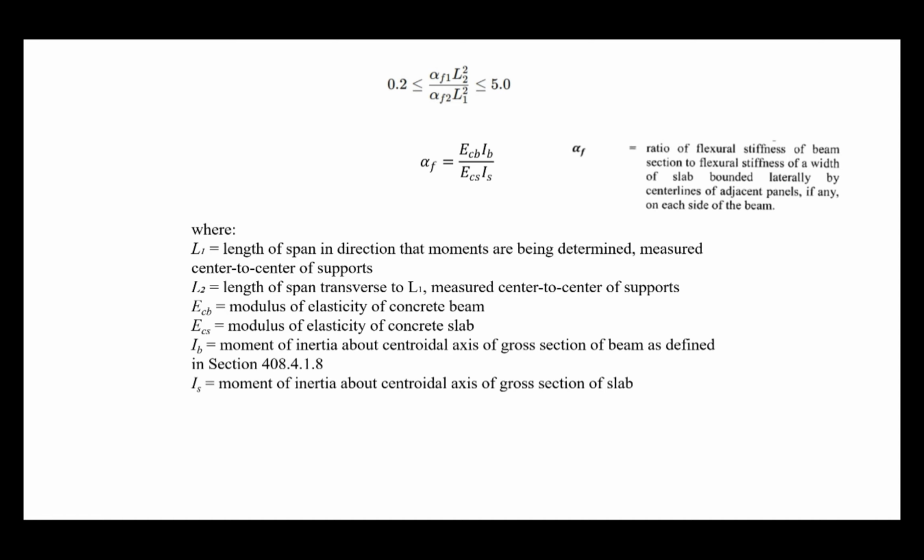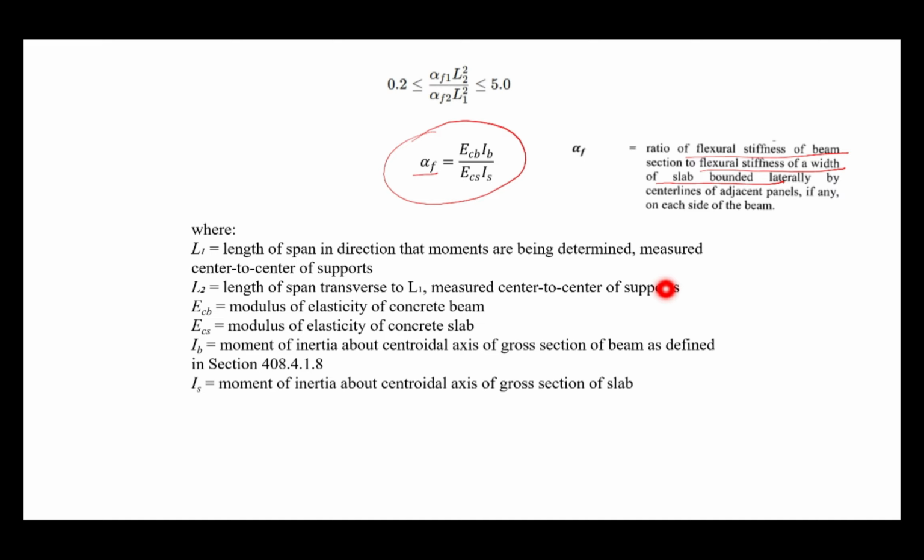Okay, so now in the computation of the flexural stiffness, we are to base it on this equation, that alpha F is the ratio of flexural stiffness of beam section to that of the flexural stiffness of a width or effective width of slab, bounded laterally by center line of adjacent panel, if any, on each side of the beam.